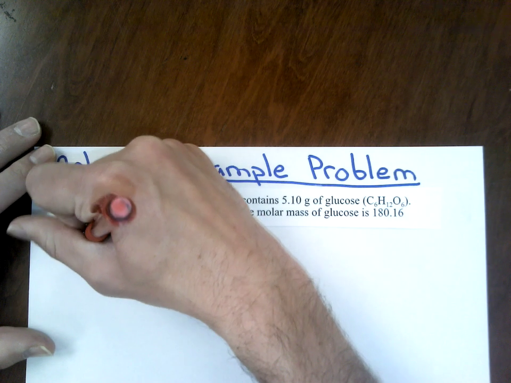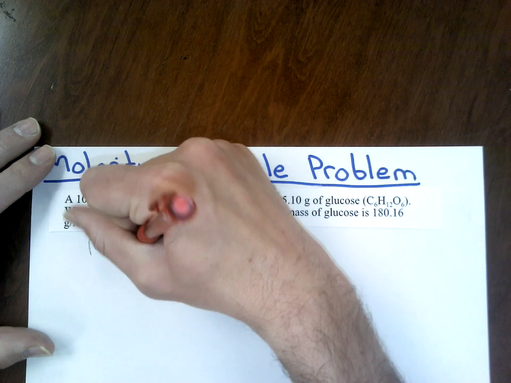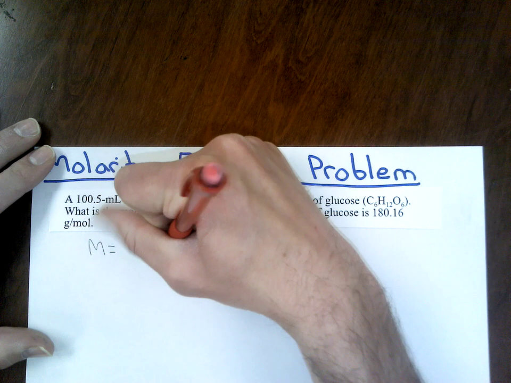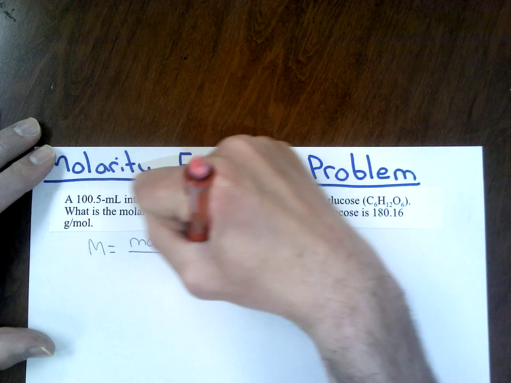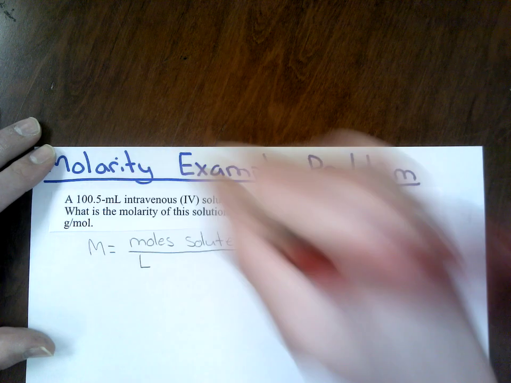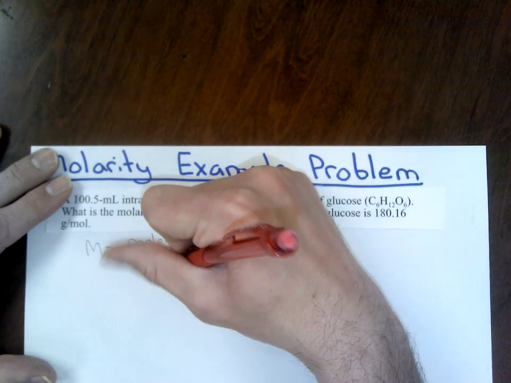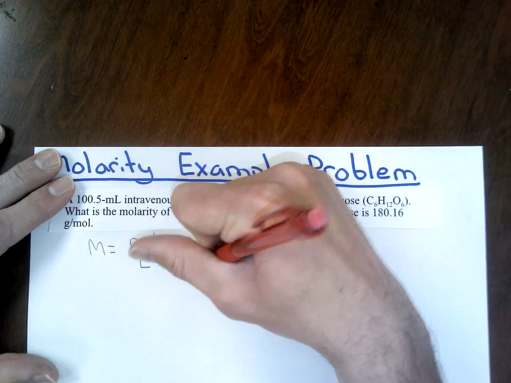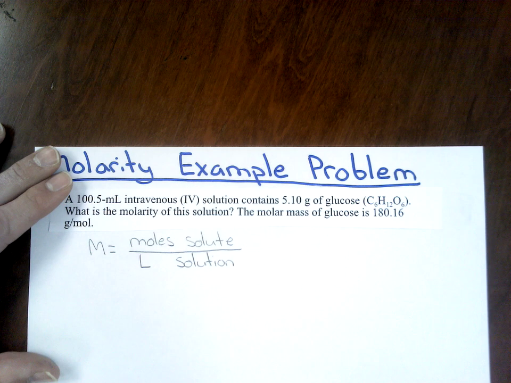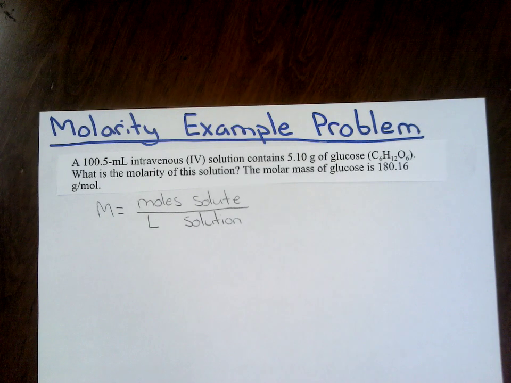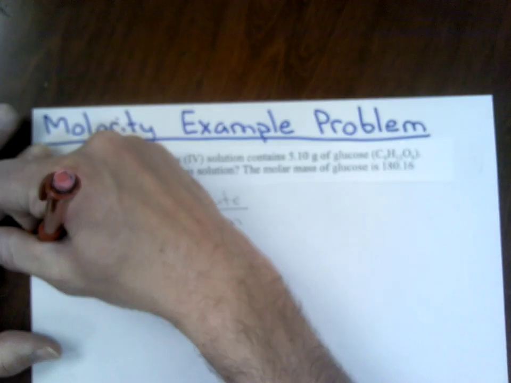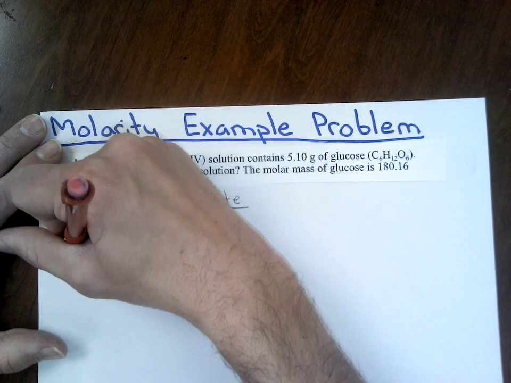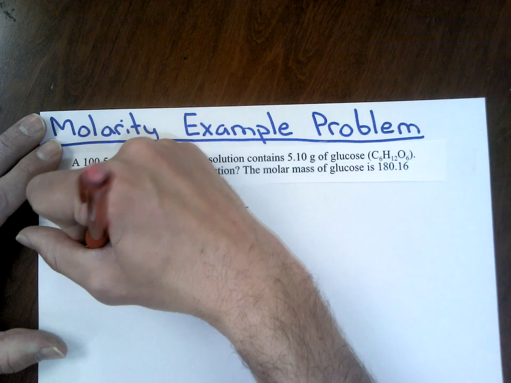That is a capital M, and that is equal to moles of solute divided by liters, which I'm going to abbreviate as an L, of solution. We look for a big M, and you will not find a big M. So ultimately, the big M is going to be our question mark.